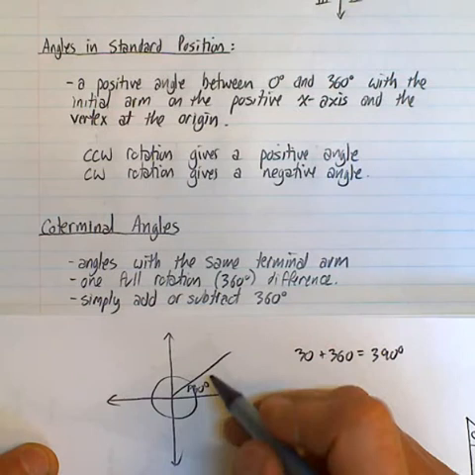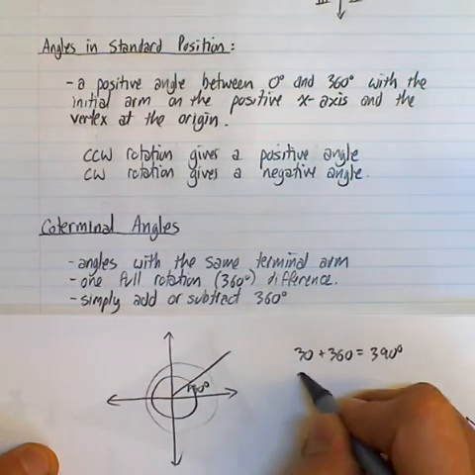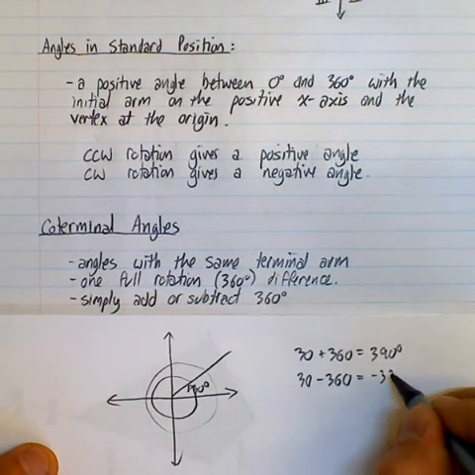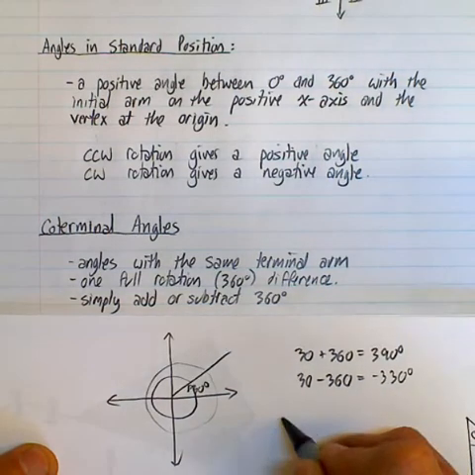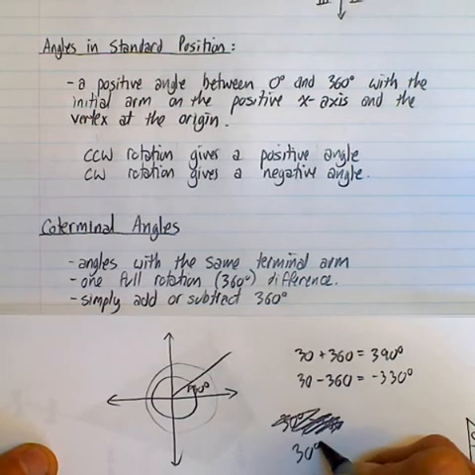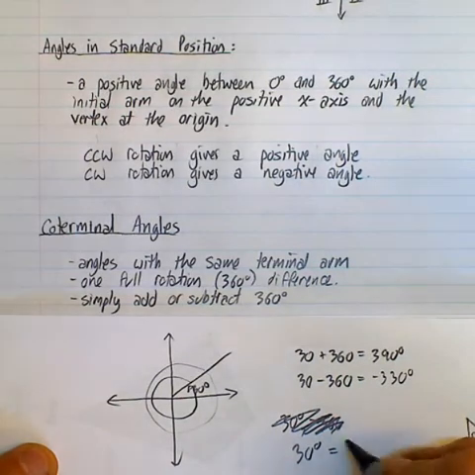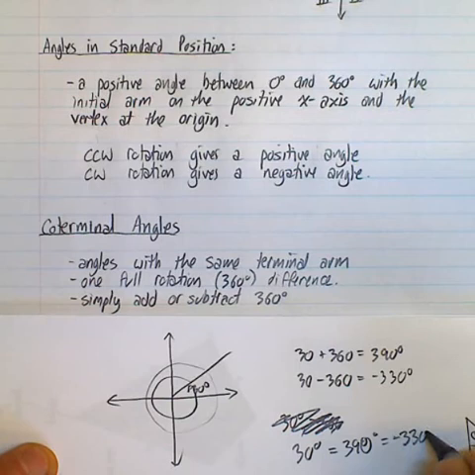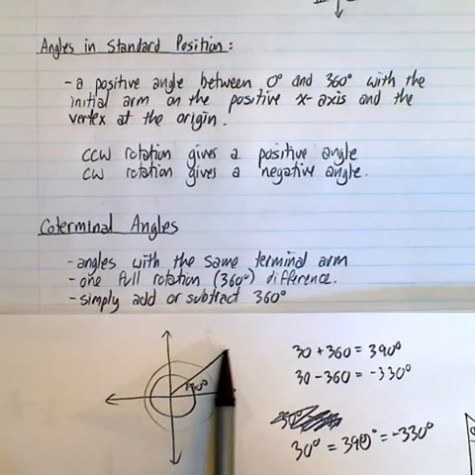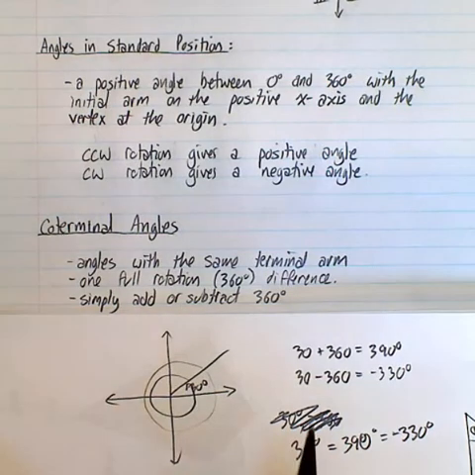I can also go the other way and subtract 360 degrees from 30 degrees, which would give me negative 330 degrees. So 30 degrees is equal to 390 degrees, which is equal to negative 330 degrees. These all refer to this angle right here, okay? It's all the same thing.